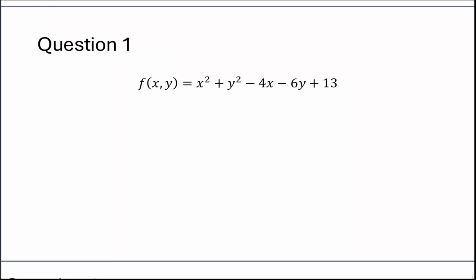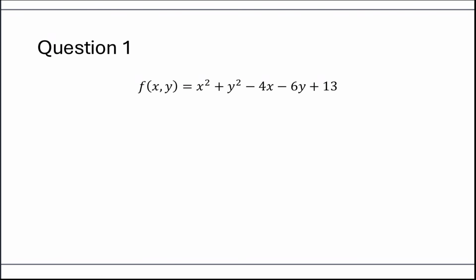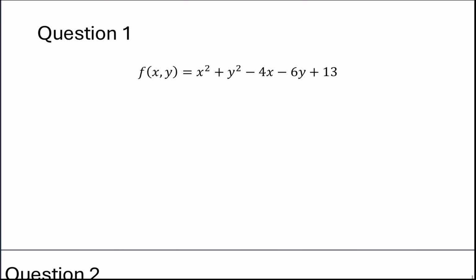So if we look at some questions, question number 1, we have a function which has variables x and y, and that is equal to x squared plus y squared minus 4x minus 6y plus 13. What we first need to do is find the first order conditions. So I'm going to partially differentiate with respect to x.